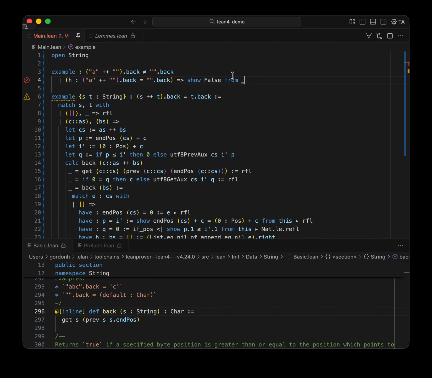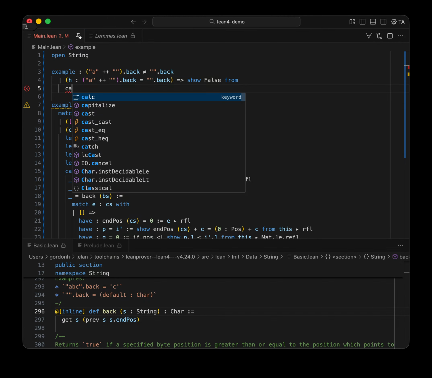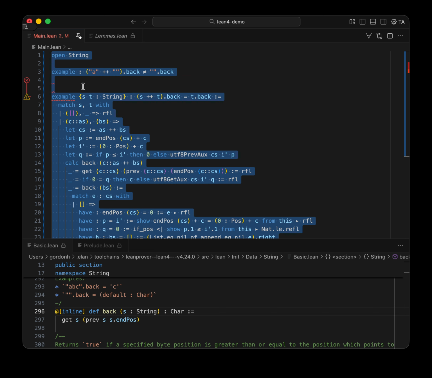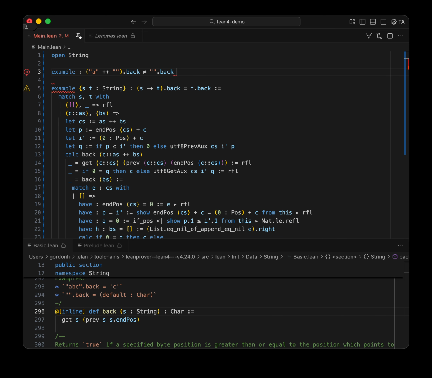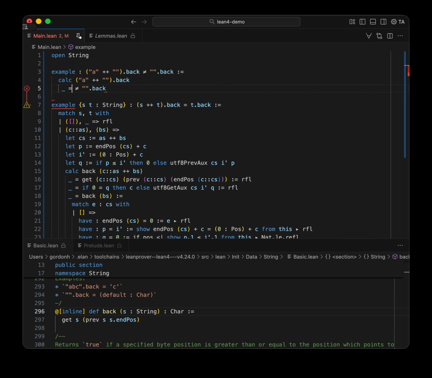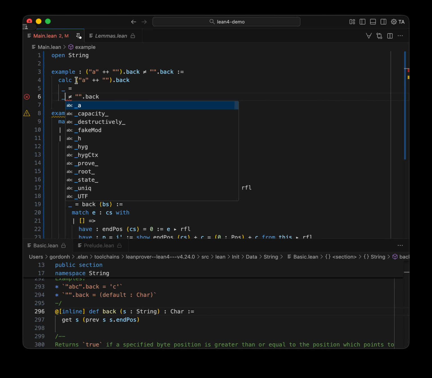Okay, how do we show false from this? Or let's try not doing this whole thing. Let's calculate all the way. So what exactly is this?